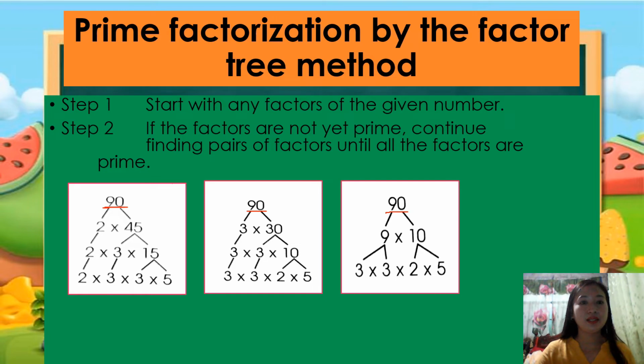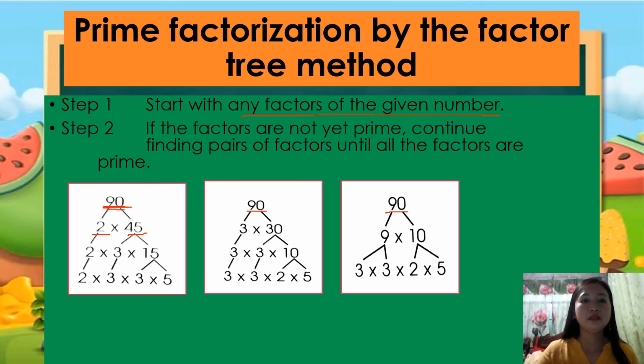As we said a while ago, start with any factor of the given number. So we get the factor of 90, and the factors of 90 are 2 and 45. If you multiply 2 by 45, the product is 90.